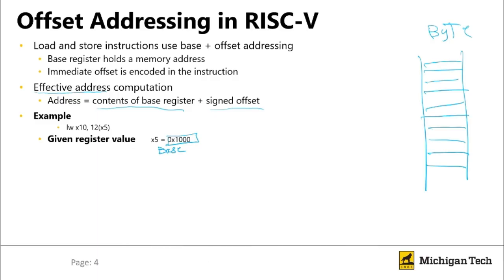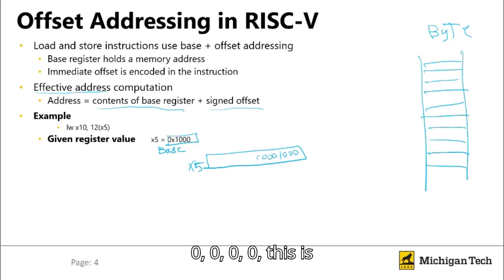So if I want to write all of x5, here 0, 0, 0, 1, 0, 0, 0, 0. This is one word. The other word is also 0.